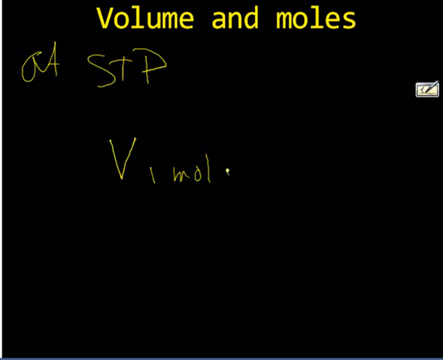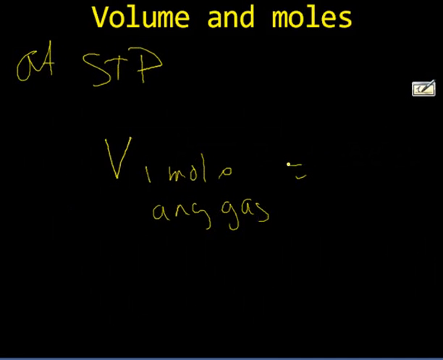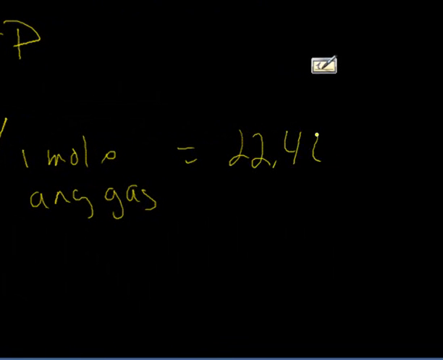So under those conditions, at STP, the volume of 1 mole of any gas, and this is what's kind of cool, any gas, is 22.4 liters. It doesn't matter whether I'm talking about something tiny like hydrogen or something much larger like carbon dioxide.